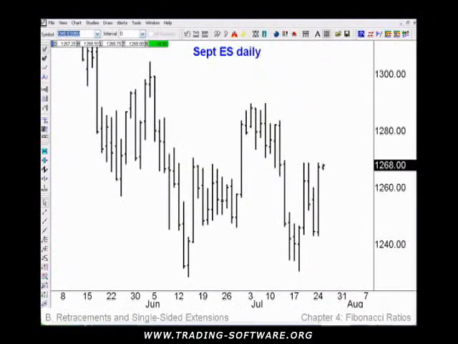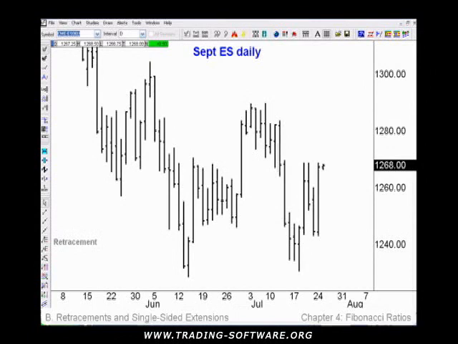Let's practice drawing some retracement and extension levels on the E-mini S&P daily chart. Q charts allows you to draw by just clicking and dragging. There's an icon here on the left side that says retracement, but it actually draws in retracements and extensions.